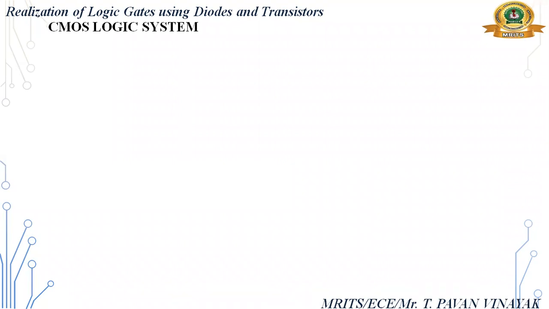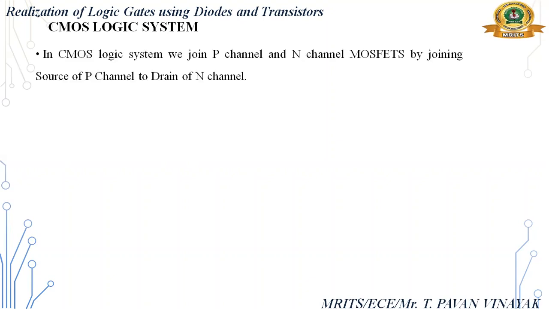Next one is the CMOS logic system. How is a CMOS transistor formed? A CMOS transistor is formed by combining N-channel and P-channel MOSFETs. How do we combine? By joining the source of the P channel and the drain of the N channel, and we take the output here.